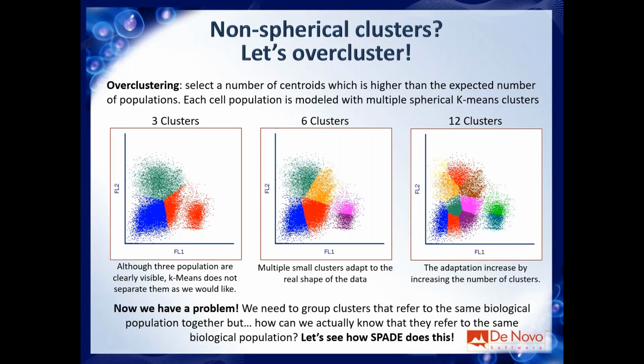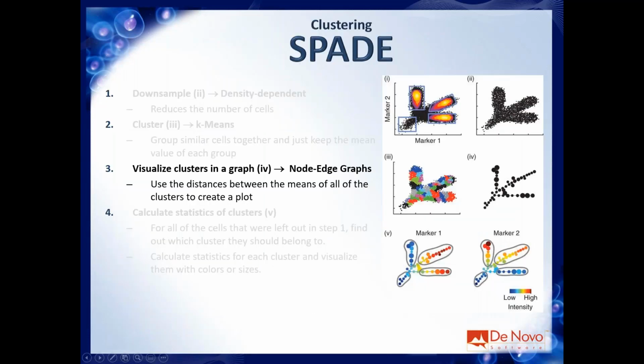And the issue is that now you need to deal with a lot of clusters, like 200. And how can I know, without opening all my plots, that these guys here, the light green and the green, belong to the same population? Well, we know, because SPADE is going to create the SPADE tree.